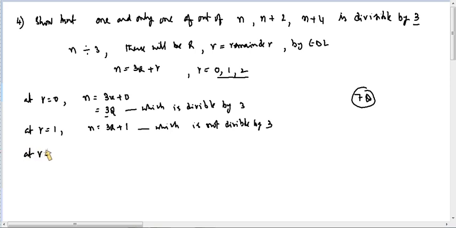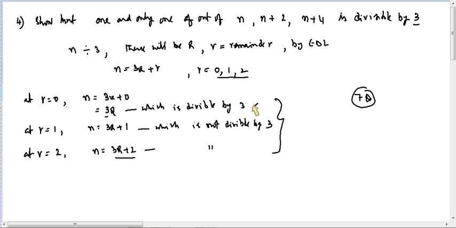Now at r is equal to 2, n is equal to 3q plus 2. In this also we cannot take 3 as a factor, so in this case also it is not divisible by 3. So in all these 3 cases, only the first one, 3q, is divisible by 3.